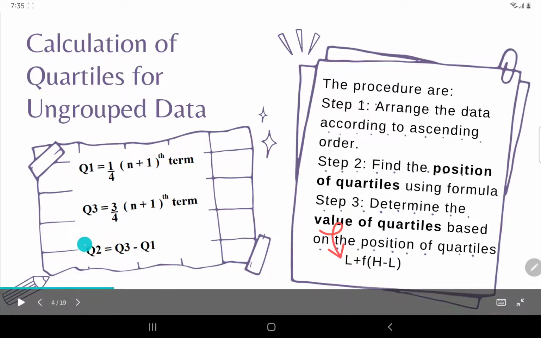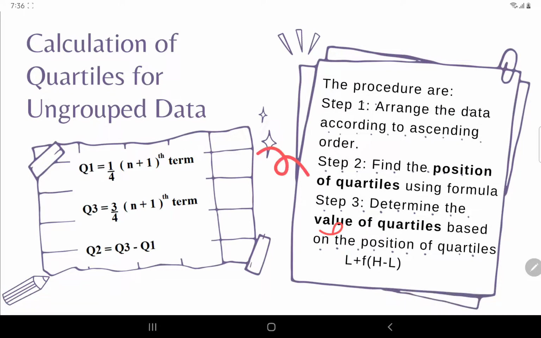And how to find the position of Q2? Just subtract Q1 from Q3, Q3 minus Q1. When you have found the position of quartile, only then can we determine the value of quartile: the value of Q1, Q2 and Q3. This formula is only for the position.